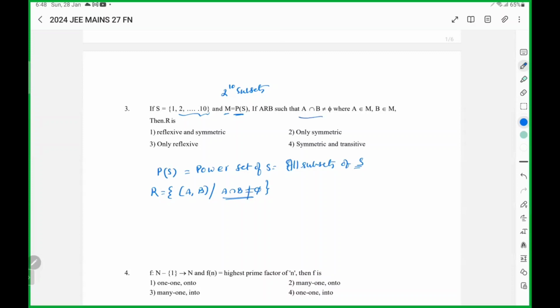What are A and B? Here A is an element of M, that means A and B are subsets of S. It is very obvious that phi is a subset of any set.